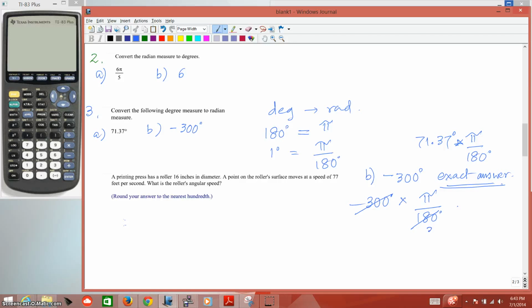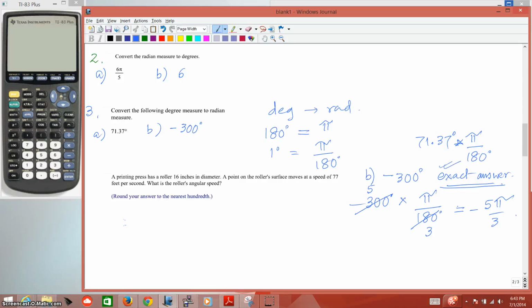But this one I know for sure this will be 3, and this one will turn out to be 5, and my answer will be written as negative 5 pi over 3. You should not take the 5 over 3 from the calculator and give me an answer in terms of decimal. It has to be written with an exact answer. So that's one of the other keywords you must pay attention to.